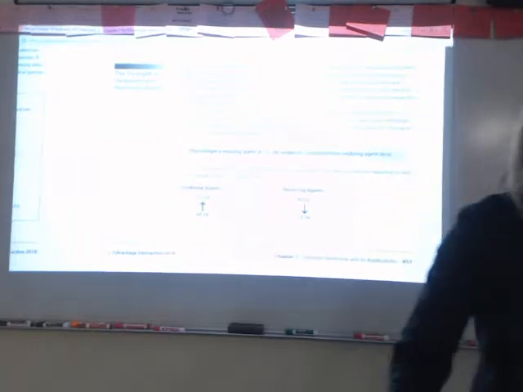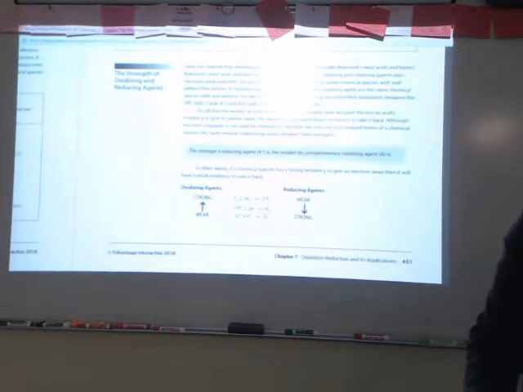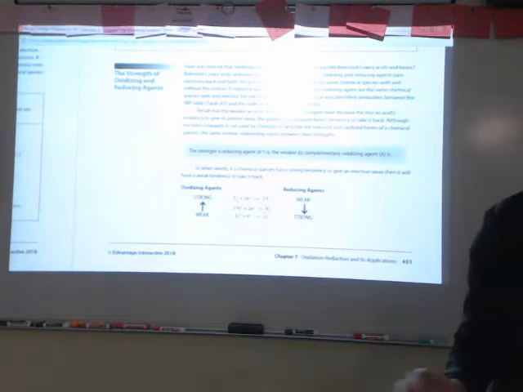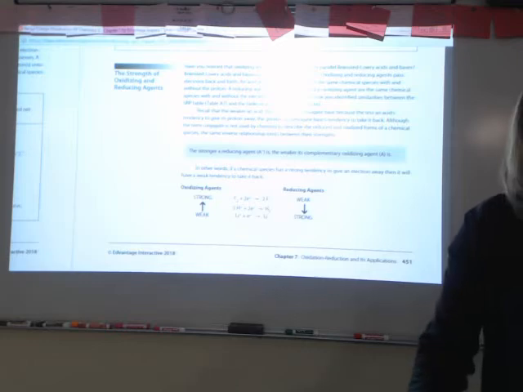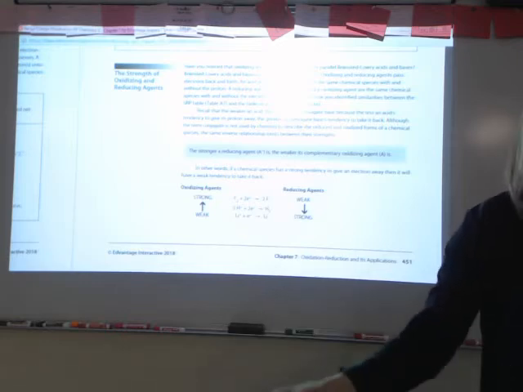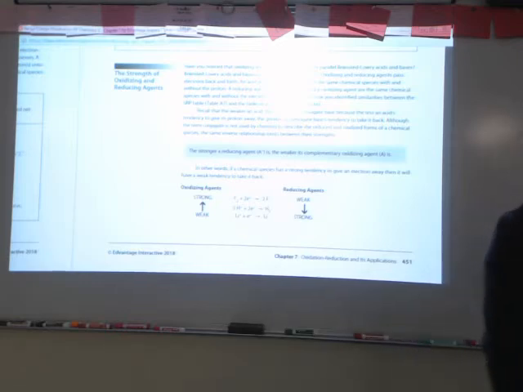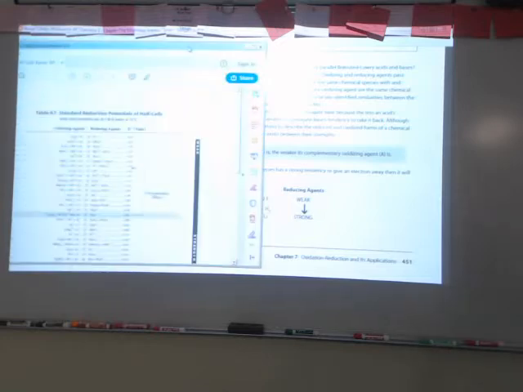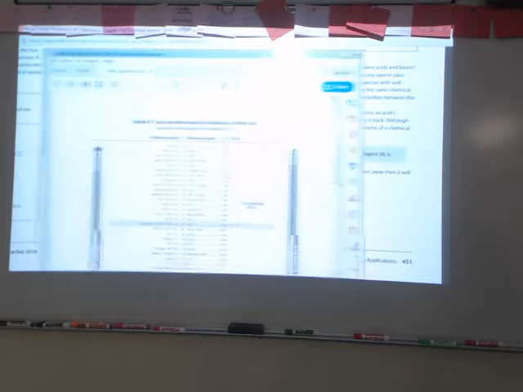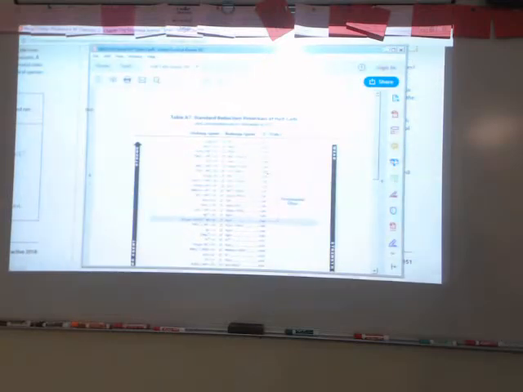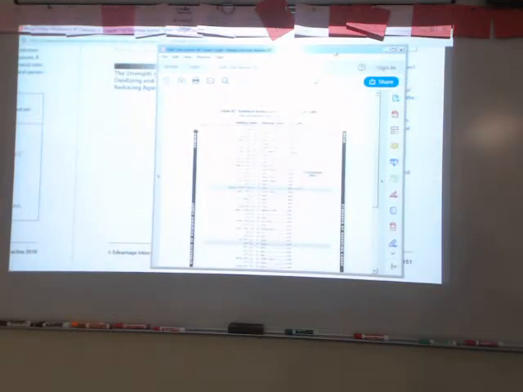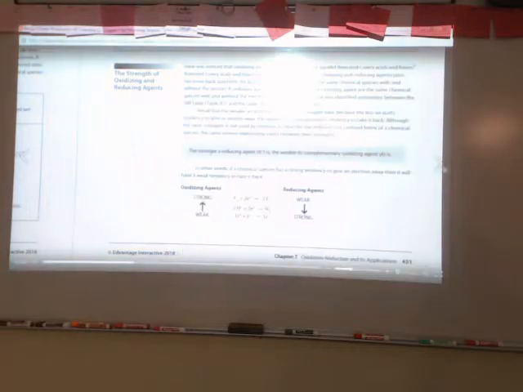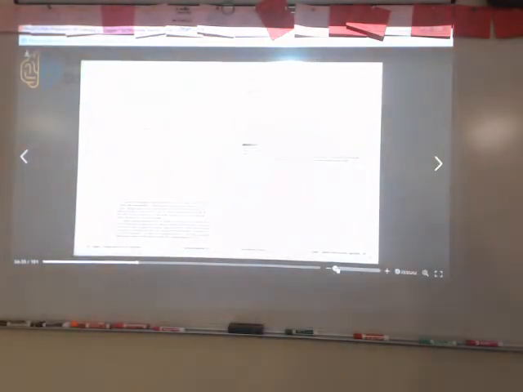we're going to label some species on the SRP table. Some of them act as both reducing agents and oxidizing agents, and then some of their strength corresponds to electronegativity values. So I'm going to drag over this table, and then let's turn to the next page here.